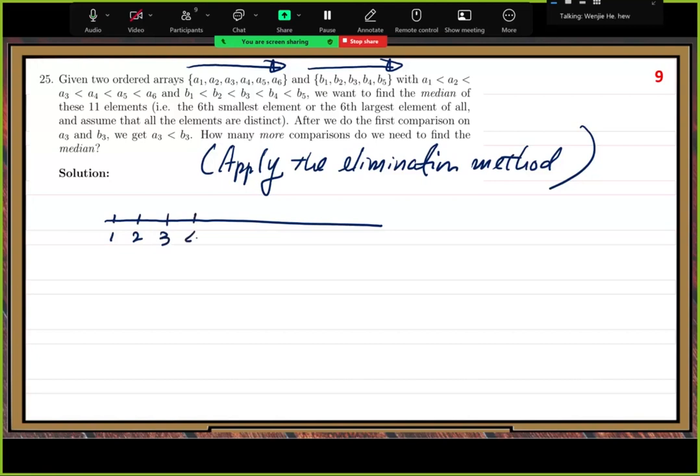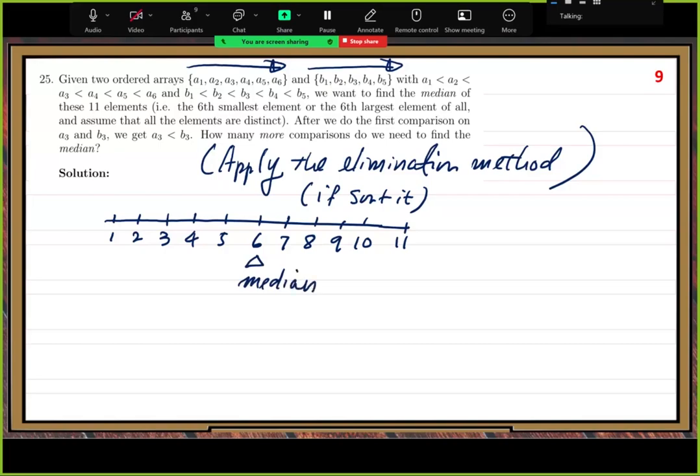If you sort all your data, the median is here in the middle, the one in the middle.